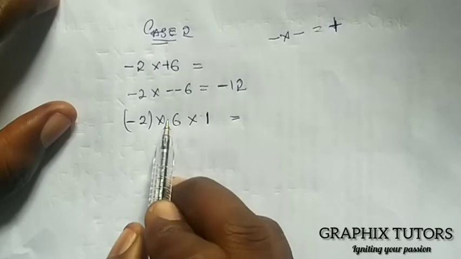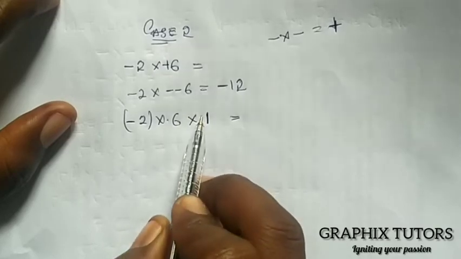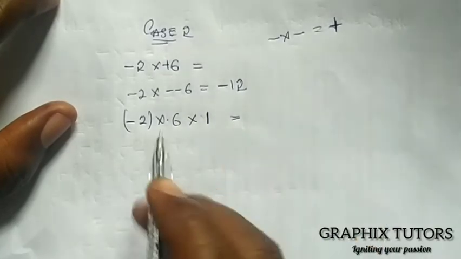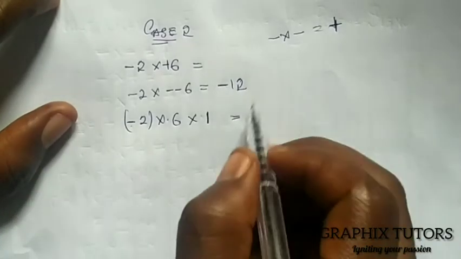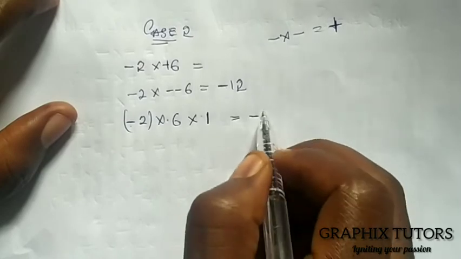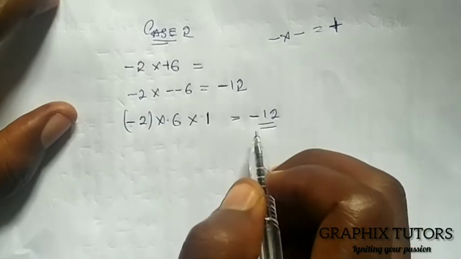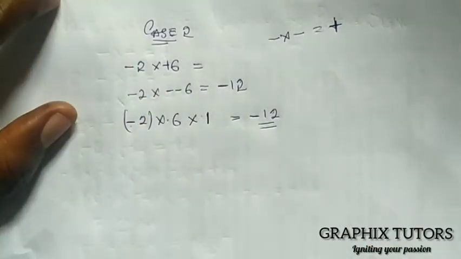So it means 2 negatives, 2 negatives, making 4 negatives, plus this negative making 5 negatives, so it is odd. So the answer will always remain in negative. So we're having 12 here. So that is just for this particular area here.